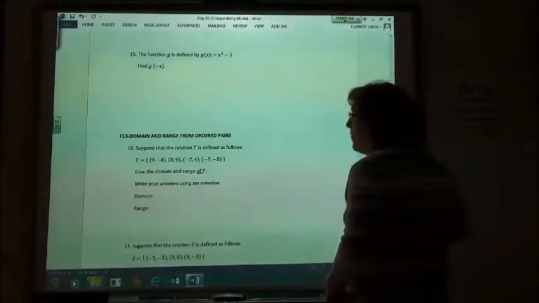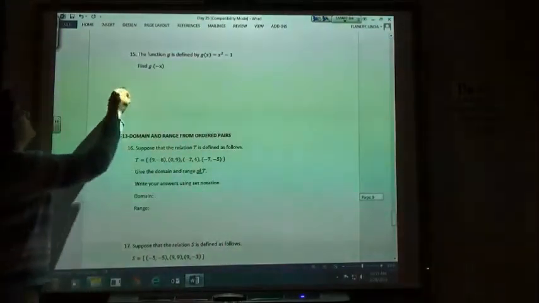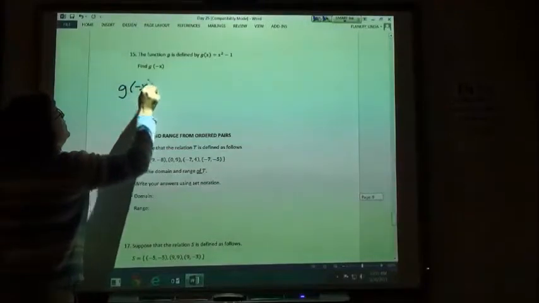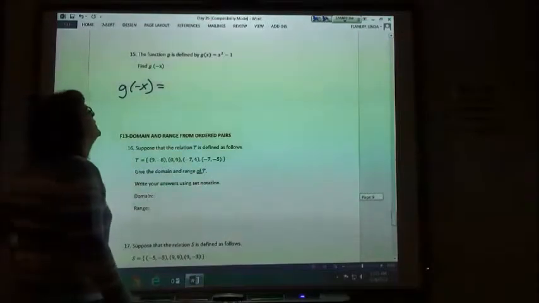So, number 15 says we're going to do g of negative x. How should I write that? G of negative x.